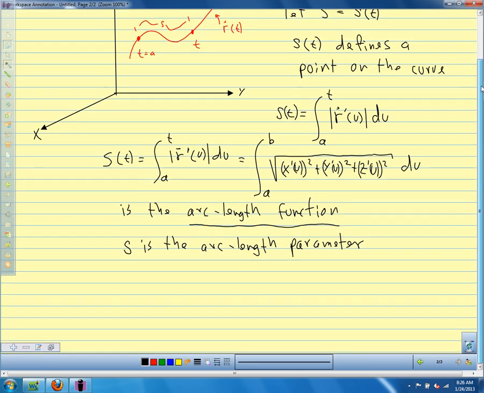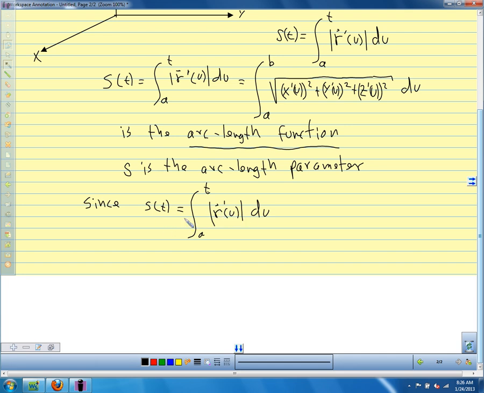All right, so since s of t is this integral of the magnitude of r prime of u du, not from a to b but from a to t, since we've given it a time dependence, what does the fundamental theorem of calculus tell us about this?